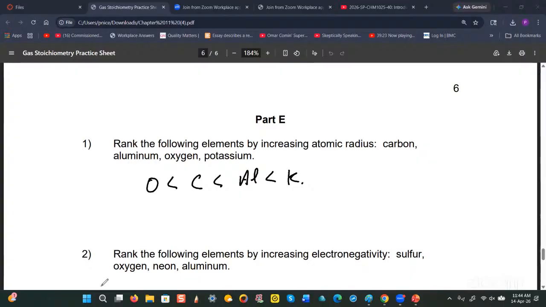All right. Now that's as far as atomic size is concerned. Now, another property that we can look at in terms of trends in the periodic table is what is called electronegativity. Now, let me first define what we mean by electronegativity.